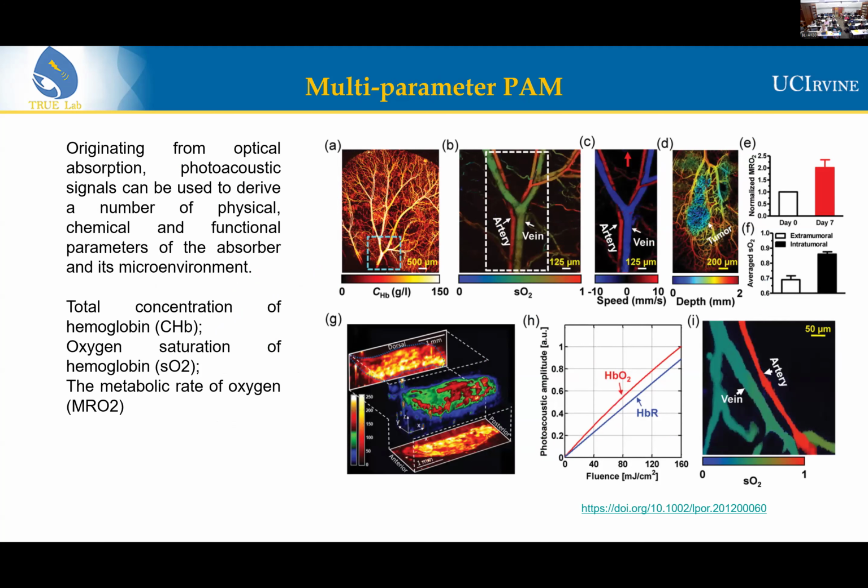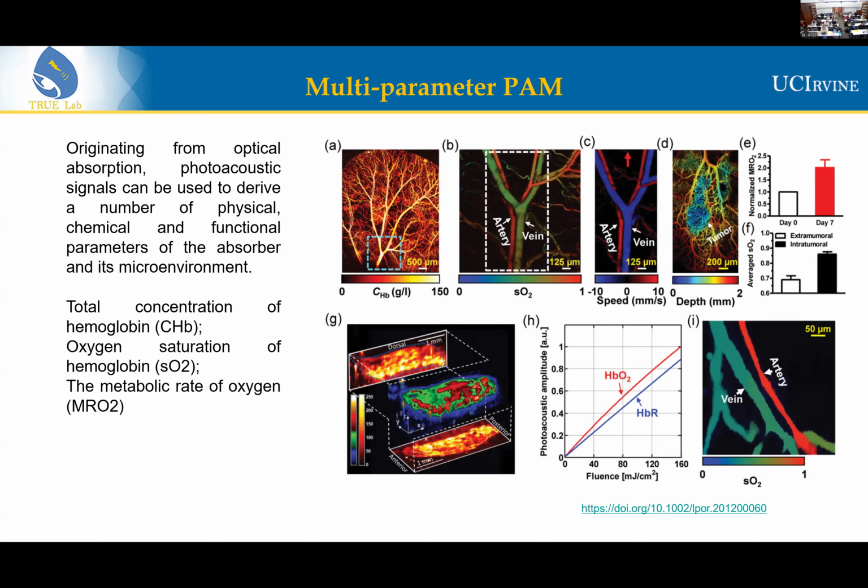If you zoom in, you can really differentiate which one is the artery, which is the red one, deeper, and then you can differentiate the vein, which is the green color, shallower, and you can also track the blood flow. You can get the oxygen saturation, because whenever a tumor is there, there would be some hypoxia within the tumor.